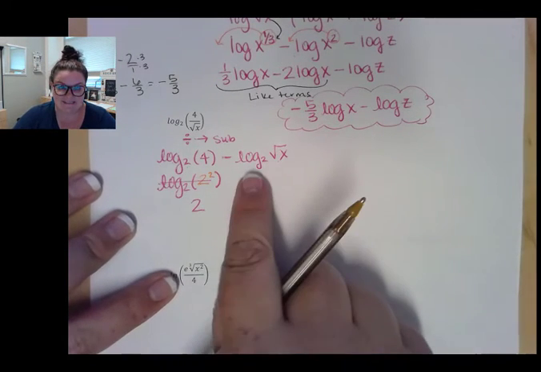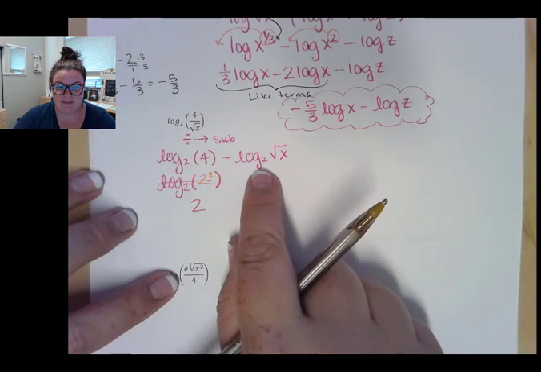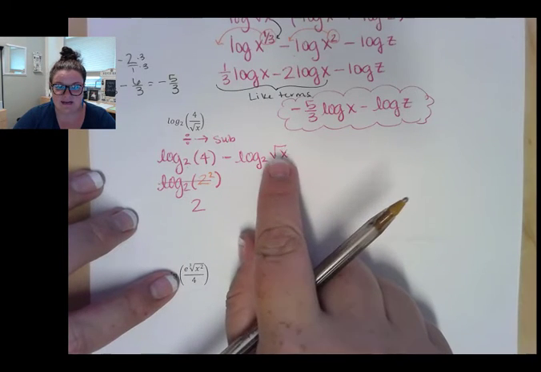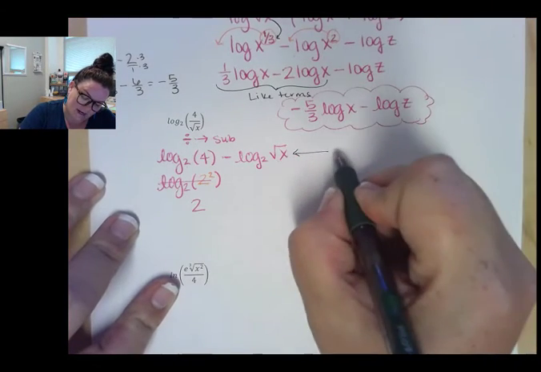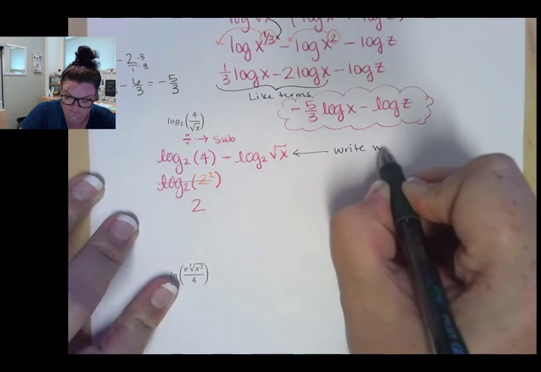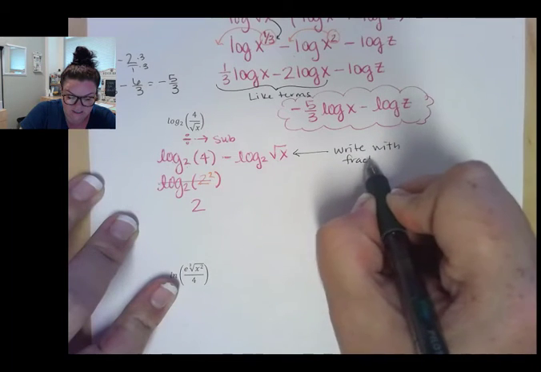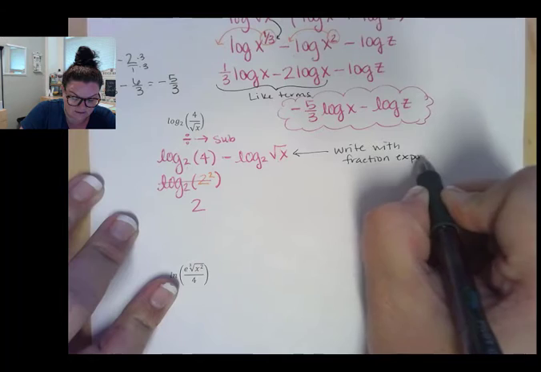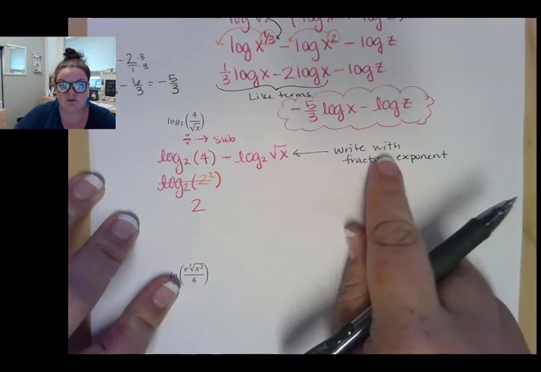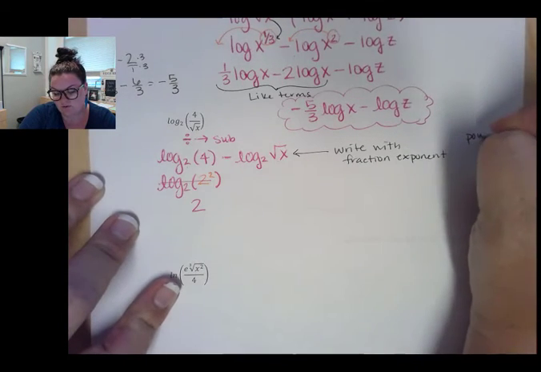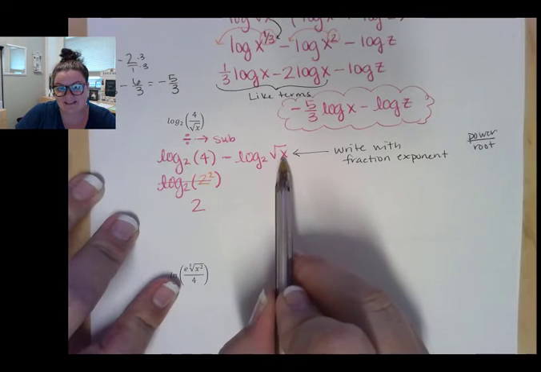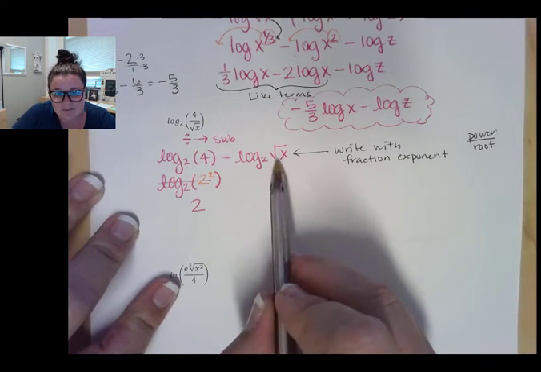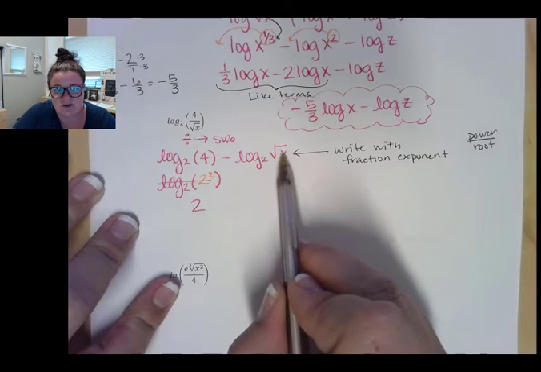On my second term, this is log base 2 of the square root of x. Now here, I need to convert this. I want to write this with a fraction exponent. And remember, the way we do a fraction exponent is power over the root. The power of x that I have, well, I only have one copy of an x. This isn't an x squared or an x cubed or an x to the 89th.